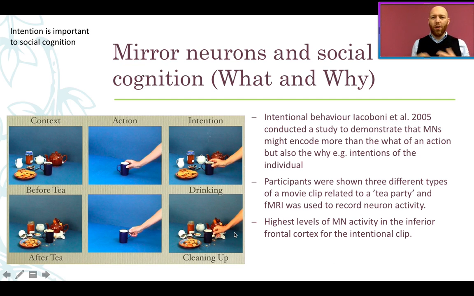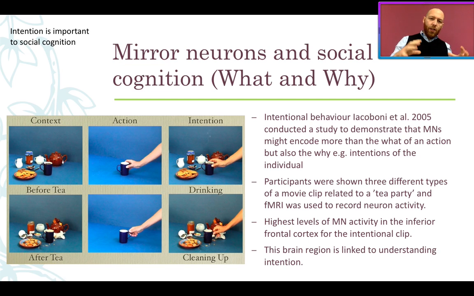Why does that matter? Why does it matter that we can register intention? Well, if you think about it, just imitating behaviour is good for learning, but it's not very good for understanding others. Intention is important. If someone hits you as a child, understanding if they did it on purpose or did it accidentally is crucial to your response to some extent, and to understanding them as others.